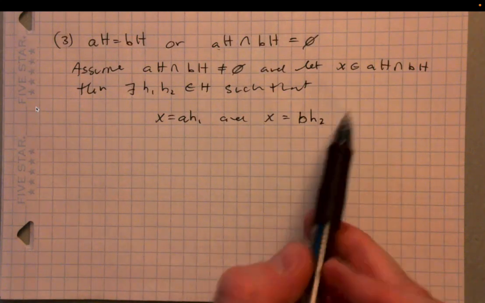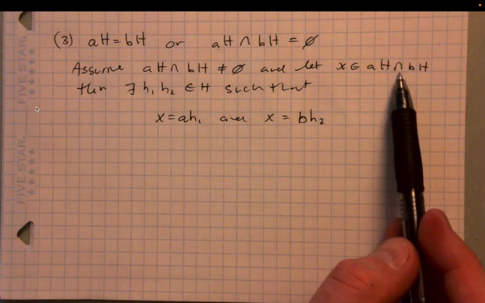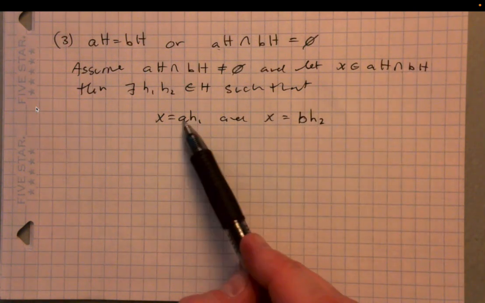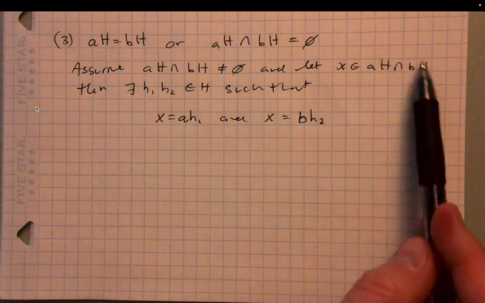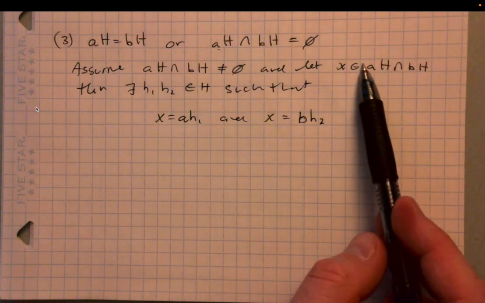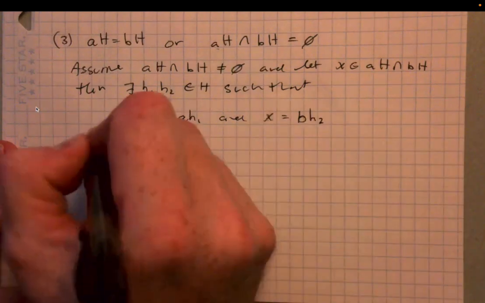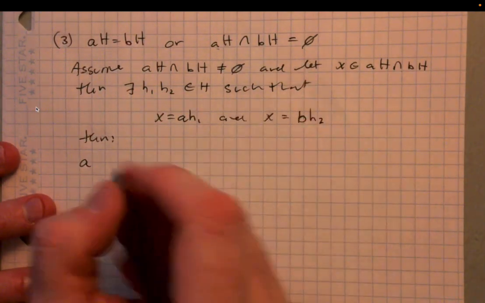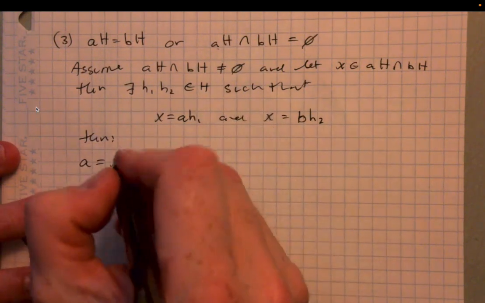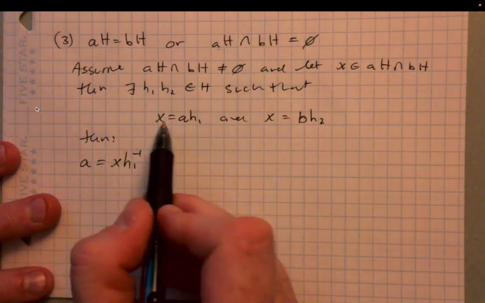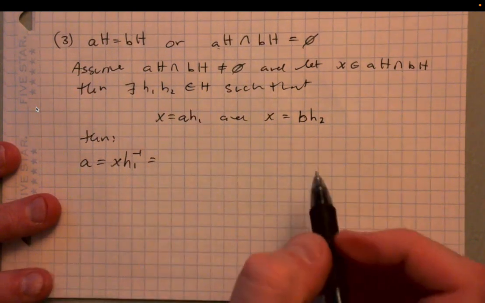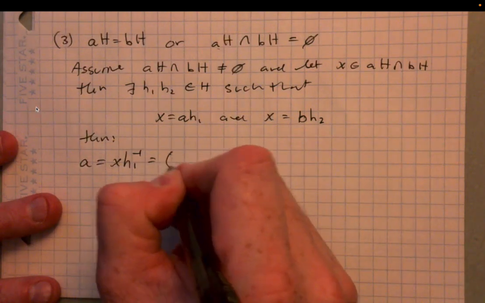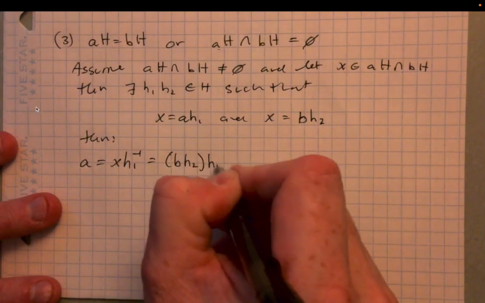That's just because X is in the intersection of both of these, so it may not multiply with the same H, but A times H1 and B times H2 must be the same, they're both equal to X. And so if that's true, then we've got A is equal to X H1 inverse, which is equal to BH2 H1 inverse.